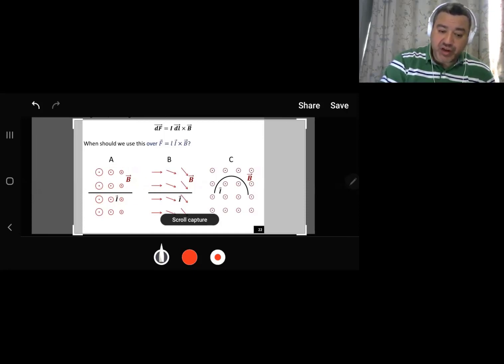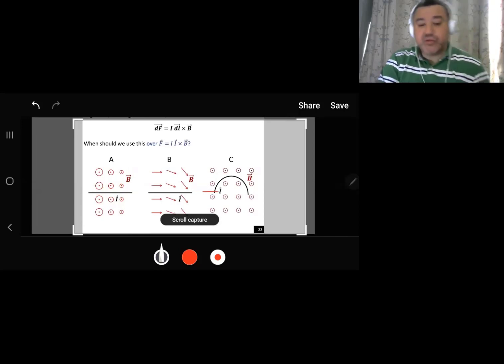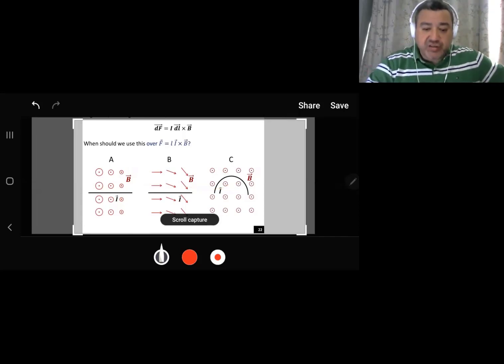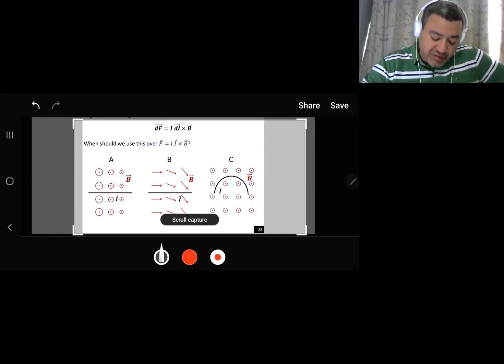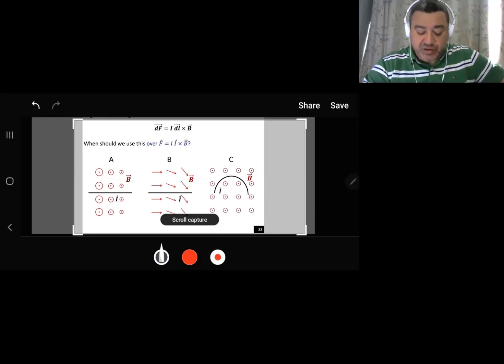The magnitude is changing, so you have to use the integration. In the second case, the magnitude is constant, however the direction of the magnetic field is changing. That's a vector field, so it's going to result in different values of forces. That's why we need to take the integration.